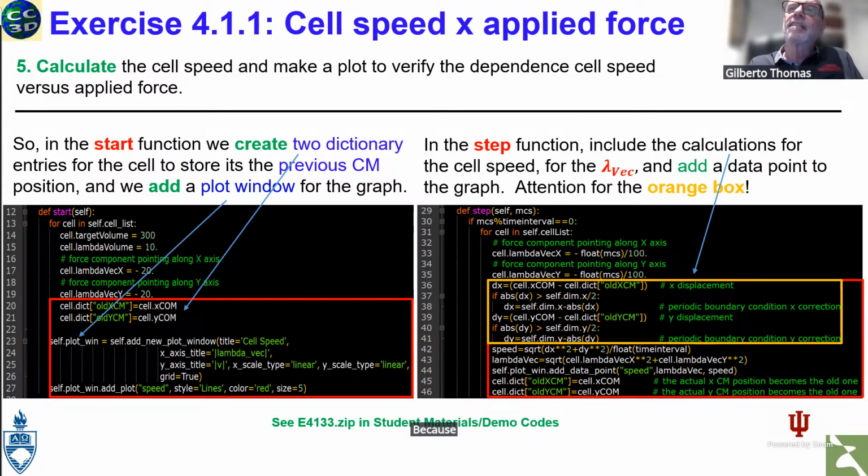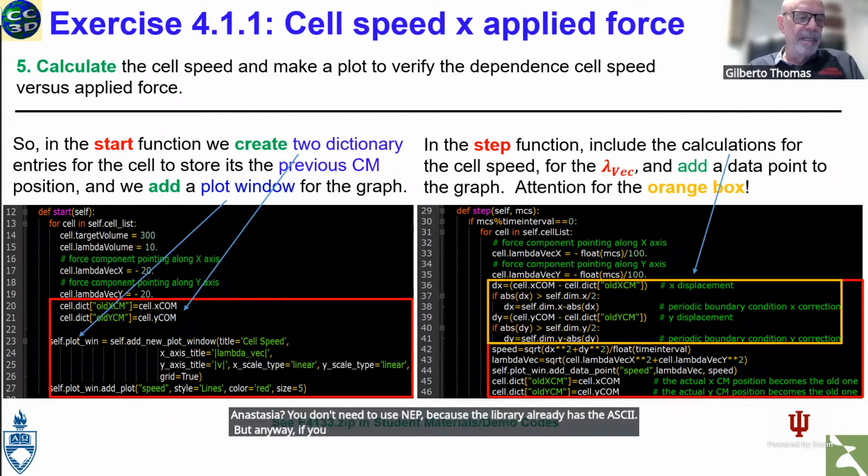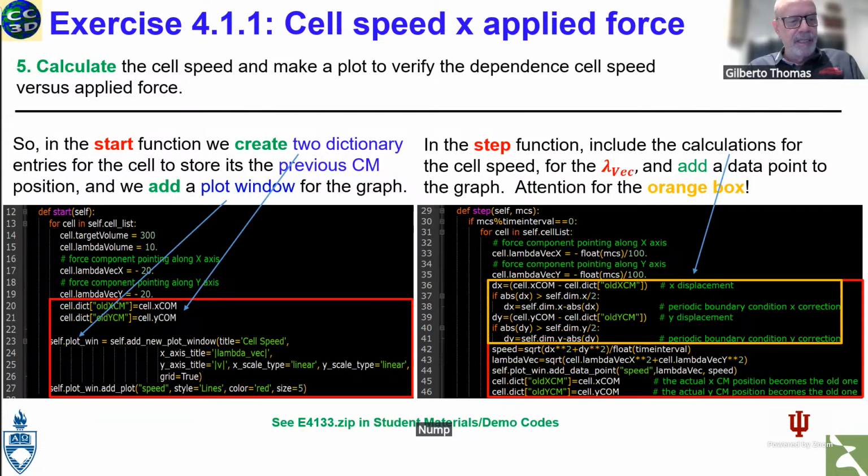Because the next time we calculate the displacement, those are going to be the old ones. You don't need to use NP because the library already has the SQRT. But anyway, if you load NP, NumPy, it's okay.